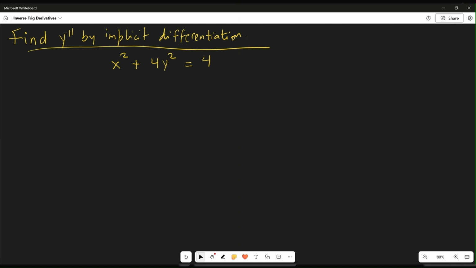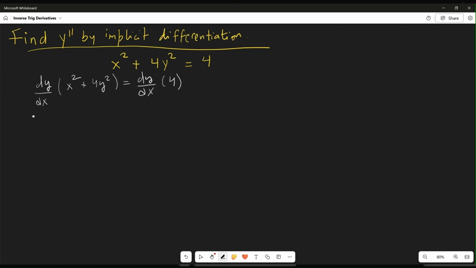Let's find the first derivative y prime before we find the double prime derivative. Okay, so take the derivative on both sides of the equation.